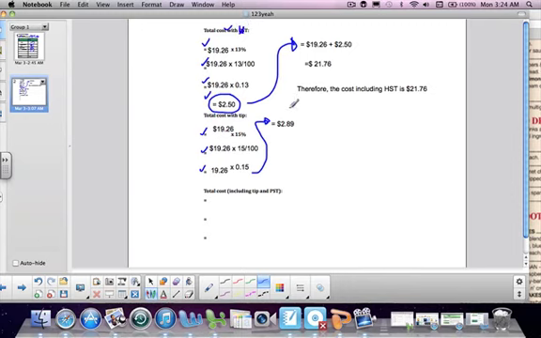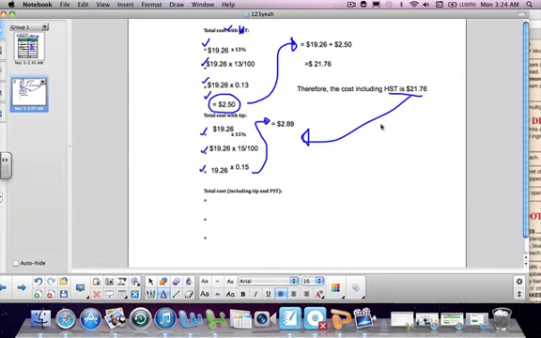They've made a switch. Okay, so now what we've got to do is we're going to take the cost with HST and we're going to add it to our $2.89 tip. So we'll actually start a new step here. Oh, actually we can do that here. Total cost including tip and, ooh, PST.